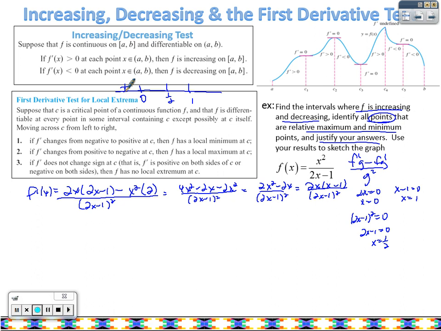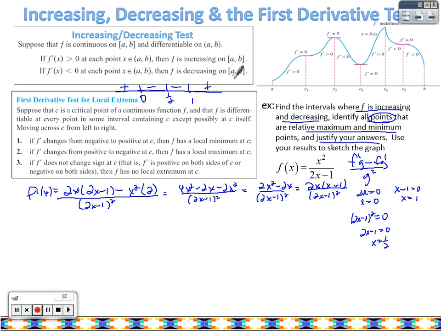We need a number between 0 and 1/2, so like 0.1. If I put 0.1 in here, I get a positive times a negative, so that's a negative. Let's try 0.7, which is between 1/2 and 1. If I put 0.7 in here, I get a positive times a negative, which is another negative. And then if I put like 5 in here, I get positive. So there's my sign chart on my derivative.